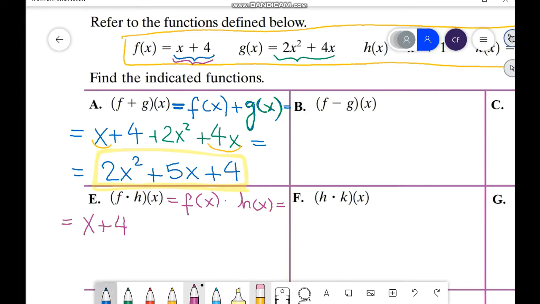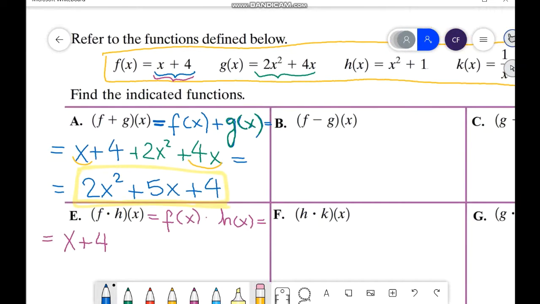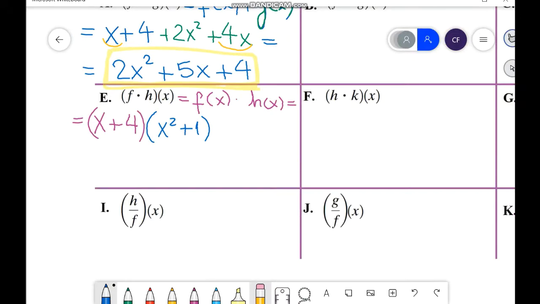And check what is h of x. H of x is x squared plus 1. We're gonna multiply, right? This is a multiplication. This is the answer. We just need to simplify.